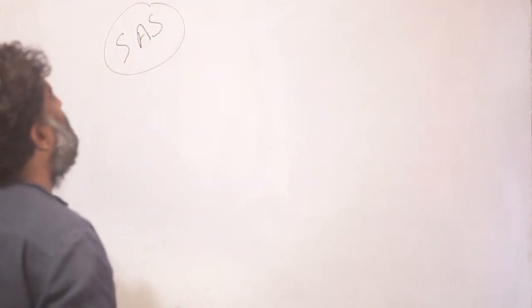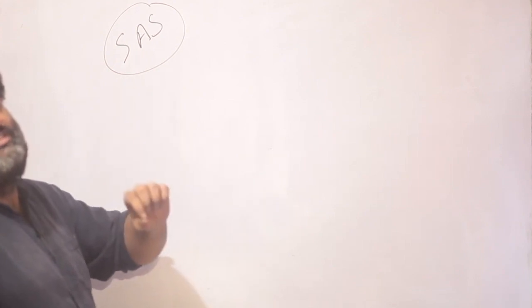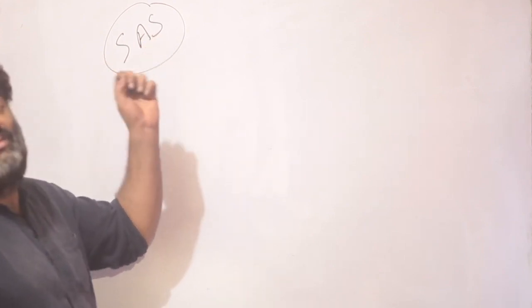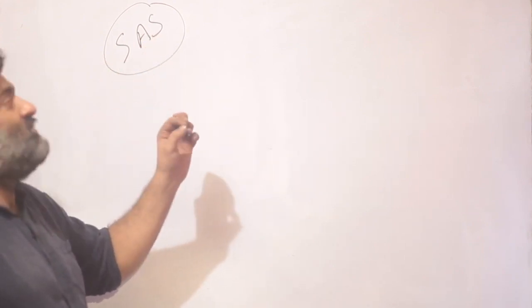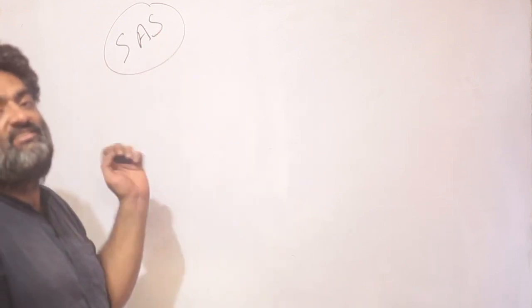So the next criteria is side angle side, and once again the difference from congruence is, in congruence we meant the sides were equal to each other, the corresponding sides were equal to each other. Here we mean that the ratio of corresponding sides is identical.